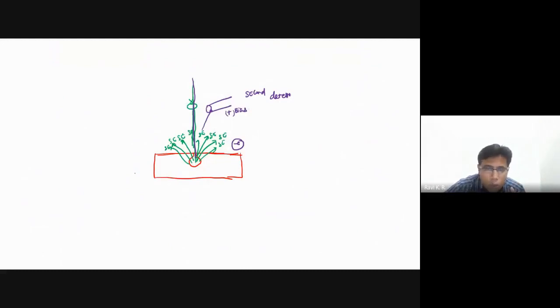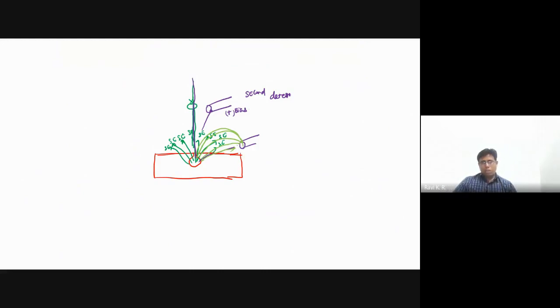So what we do is we don't put it somewhere here. If you put it here, you need a lot of bending. This secondary electron has to bend a lot. It has to bend like this, this electron has to bend like this. That is the difficult part.